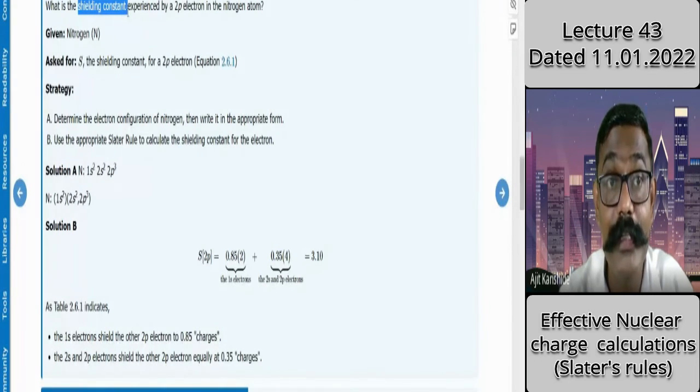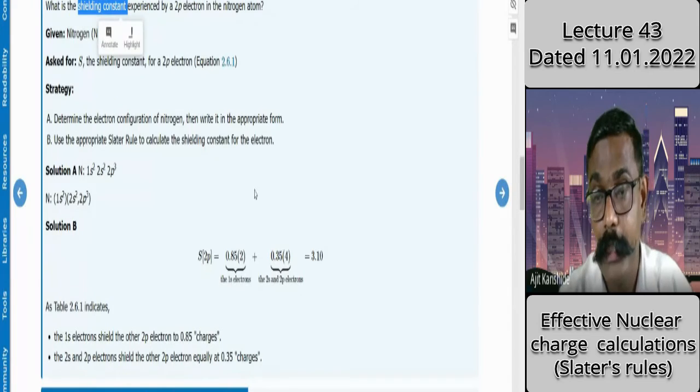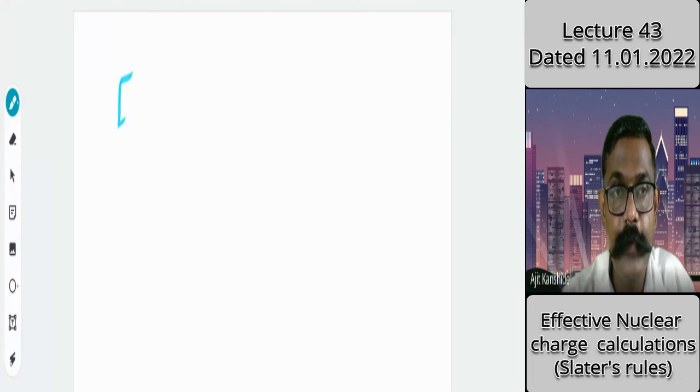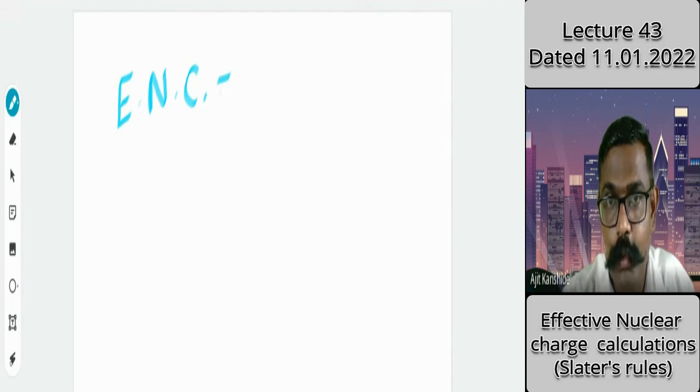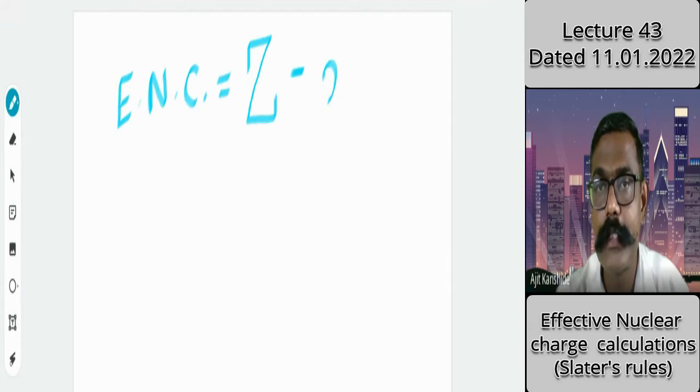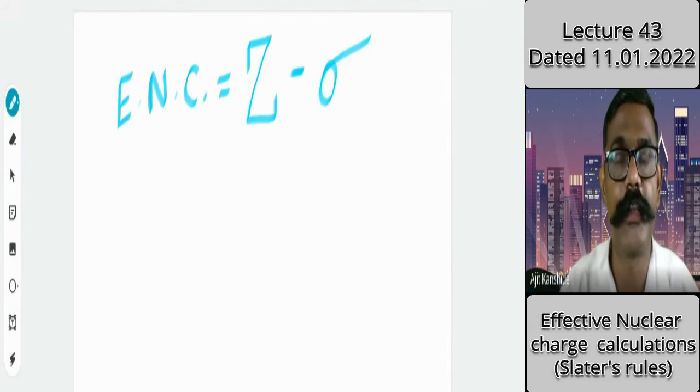But suppose the question asks to find the effective nuclear charge, ENC. What's the formula? Effective nuclear charge is equal to the atomic number, that's Z, minus the screening or shielding constant, that's sigma.